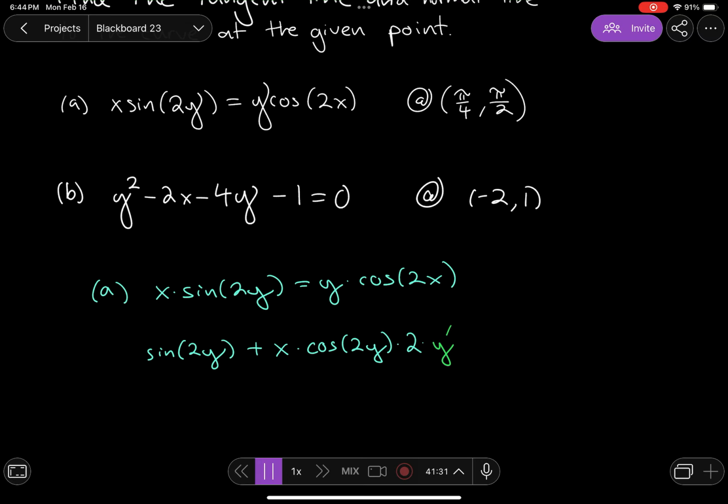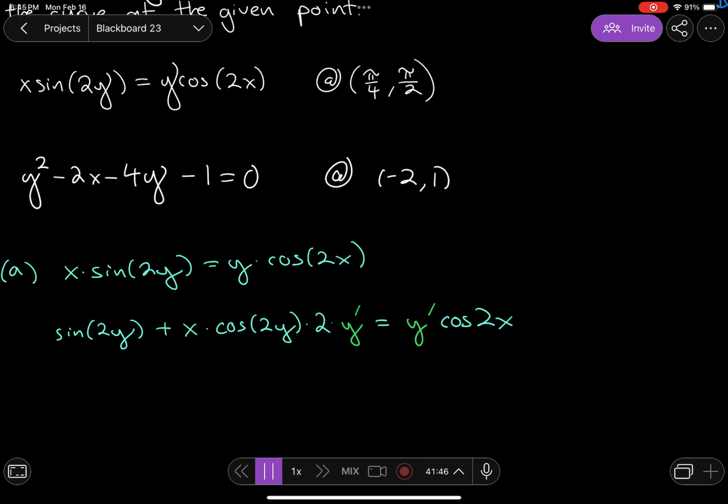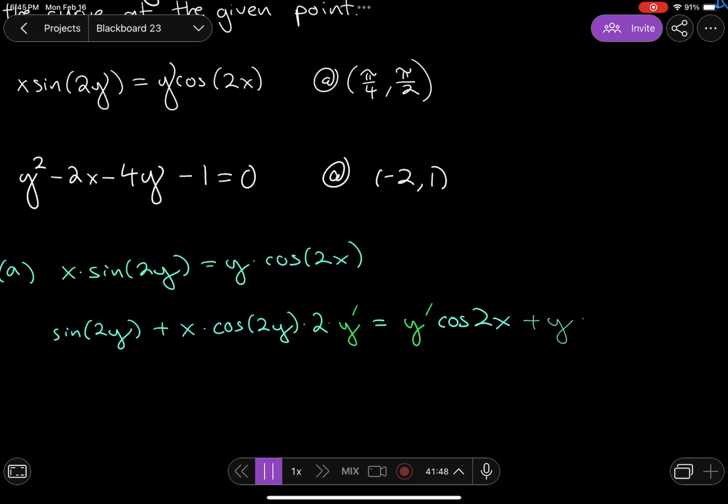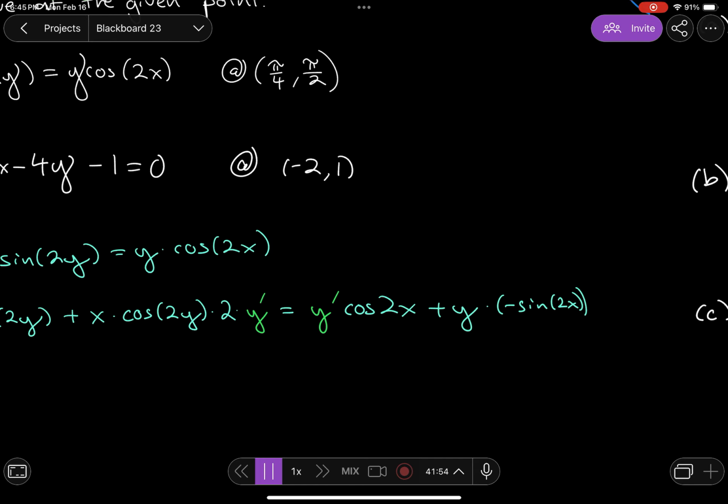And then this is equal to the derivative of the first, which is y prime, times the second, cosine of 2x. And then plus the first times the derivative of the second, which is going to be minus sine of 2x, but then I have to multiply that by the derivative of 2x, that's 2.